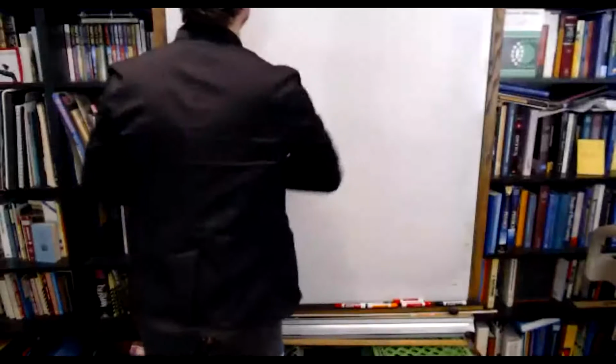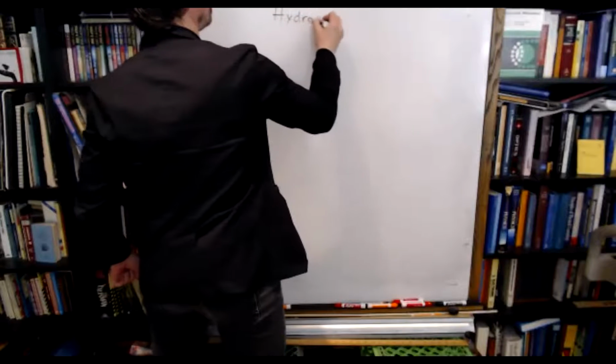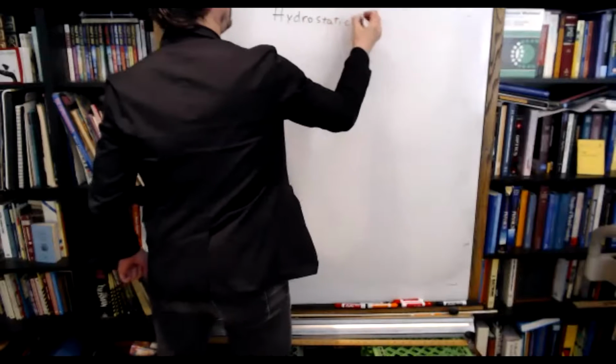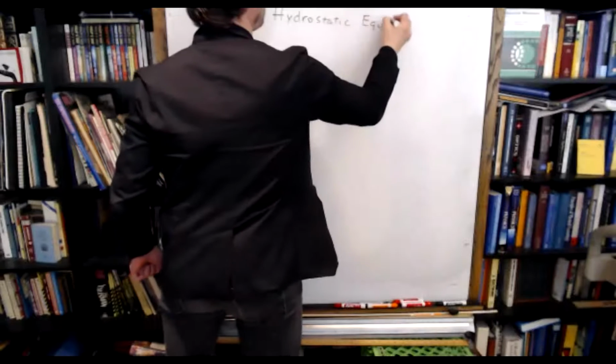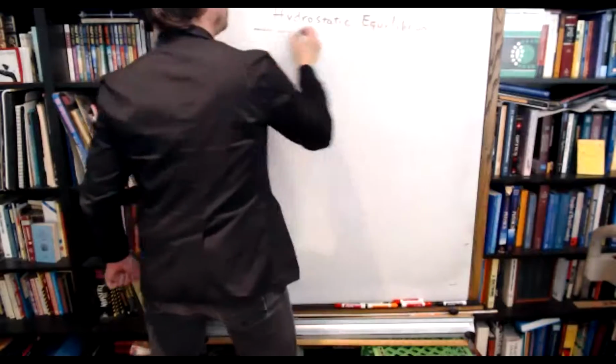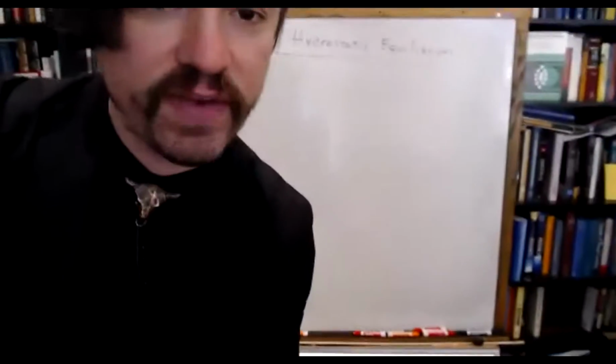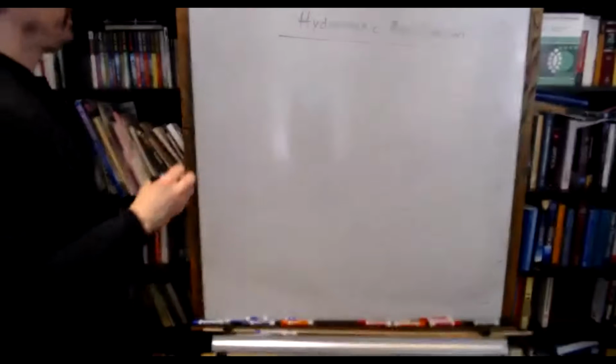Let's talk about a concept called hydrostatic equilibrium. Hydrostatic equilibrium is a concept that helps us understand why the sun maintains a fixed radius in space.